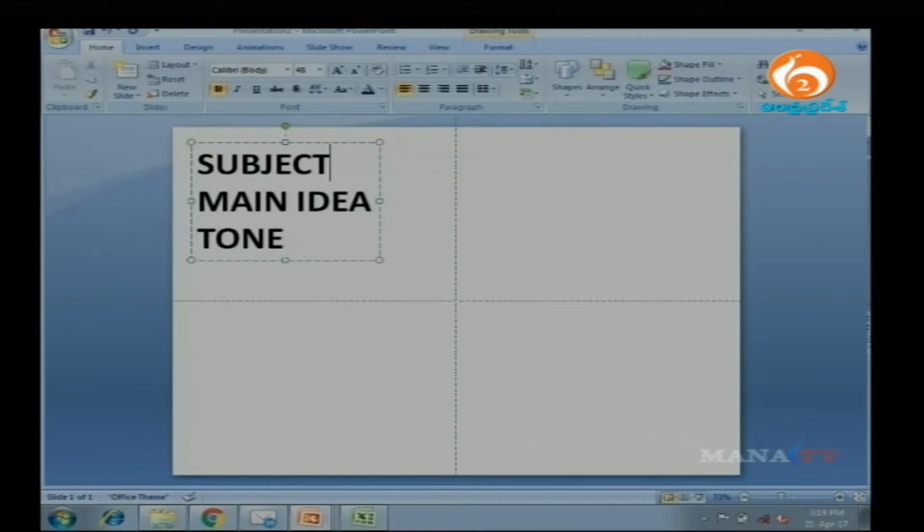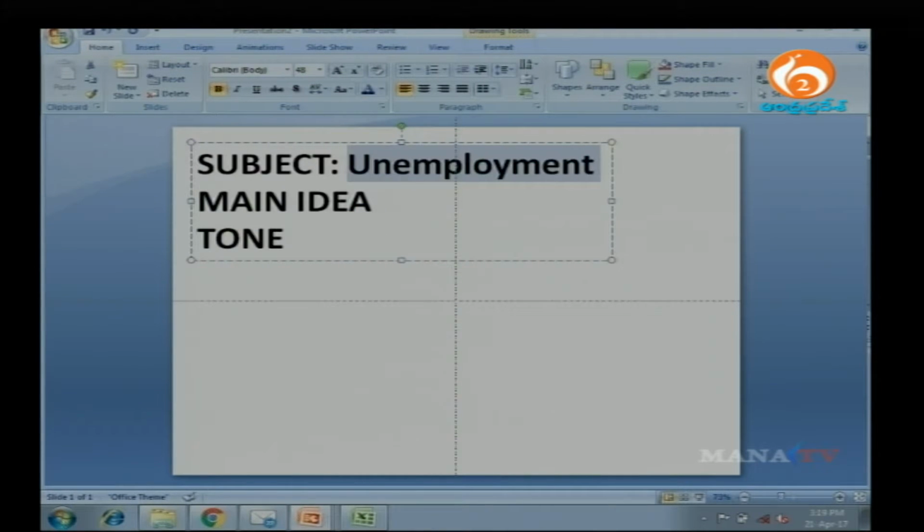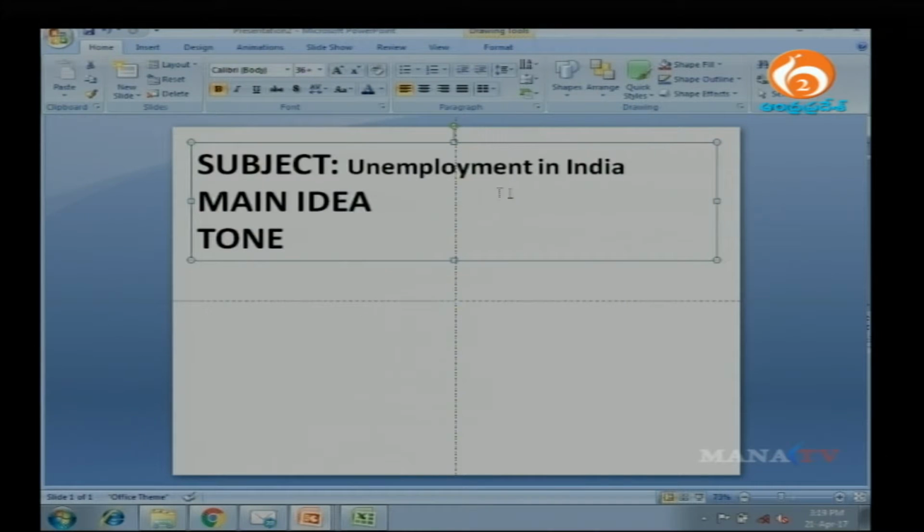Say for example, I am just giving you an example. The subject is unemployment in India. What is the main idea?